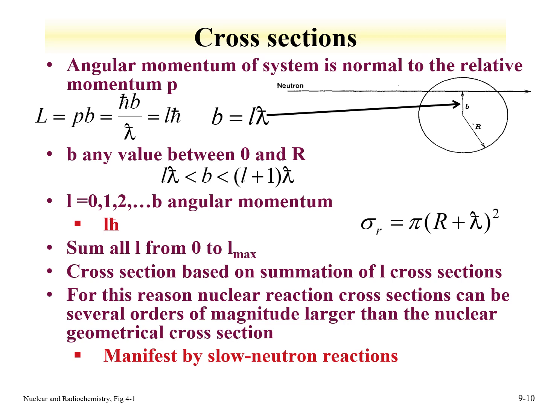And we can see that the cross-section is now going to be based upon a summation of the cross-sections related to the impact parameter. And it's for this reason that nuclear reaction cross-sections can be much larger than the nuclear geometric cross-sections, so the physical space. And this is really manifest by slow neutron reactions.